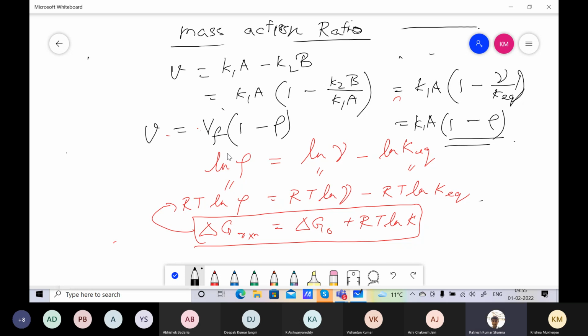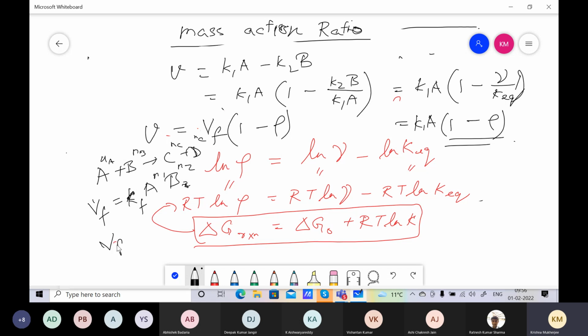I will leave it to you as a small exercise, no marks, no assignment, to demonstrate that this is true for this reaction, N1 A, NB B going to NC C plus ND D. This is the elementary reaction, and you write the forward rate as K forward into A raised to N1, B raised to N2, and then V reverse is written as K reverse into C raised to NC, D raised to ND, and so on. Whatever you do, you can finally derive this basic expression.